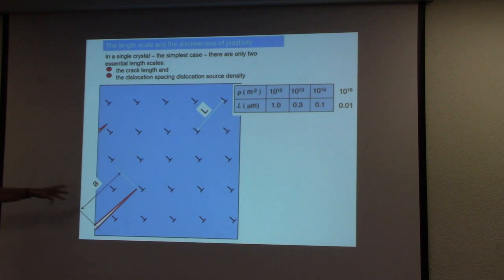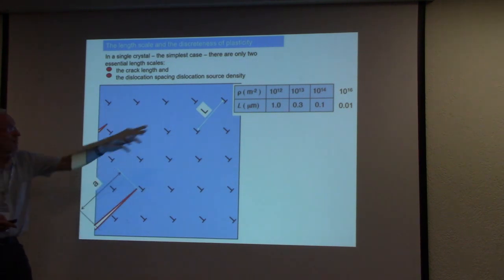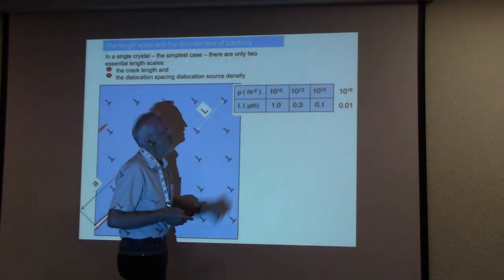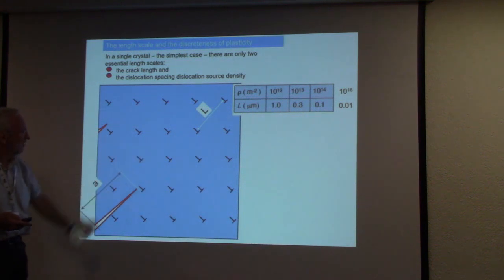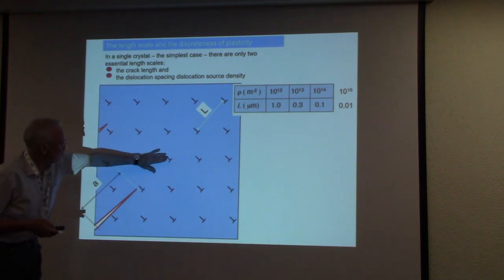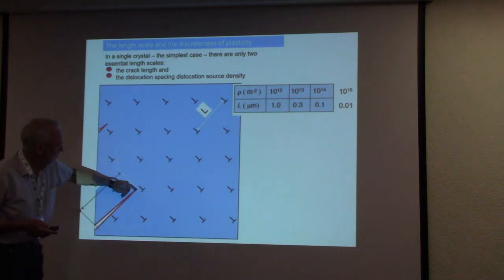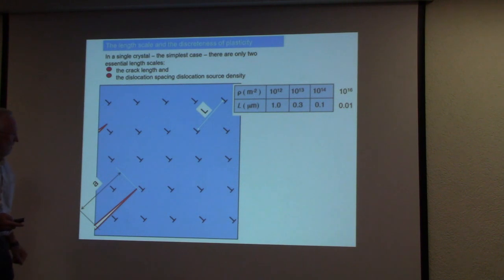This is also important when we look at metals. If our crack is in the order of microns, say only 1 micron, then I have nearly no dislocation in front of the crack, or the next dislocation is at a distance equal to the crack length.